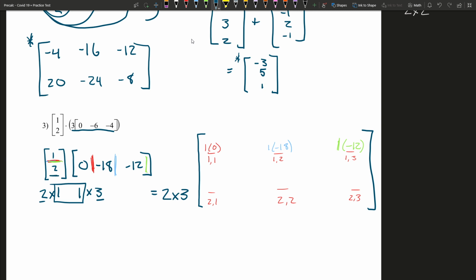Second row, first column. Second row, second column.